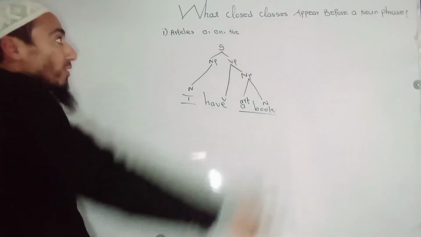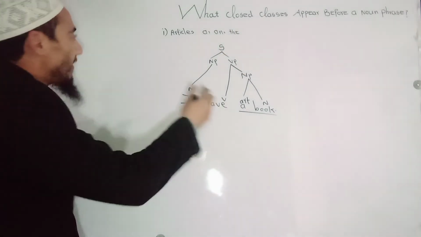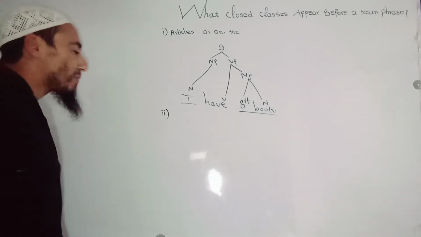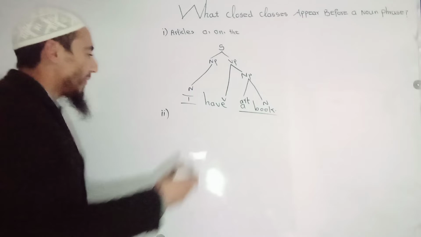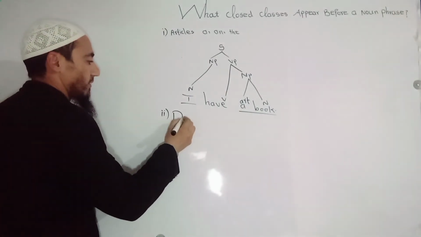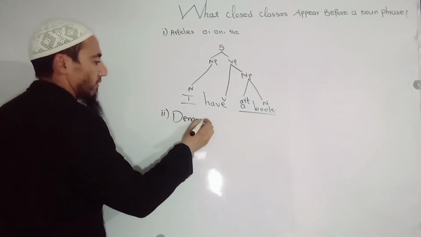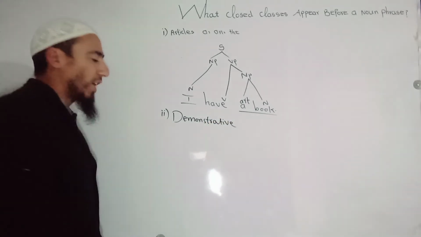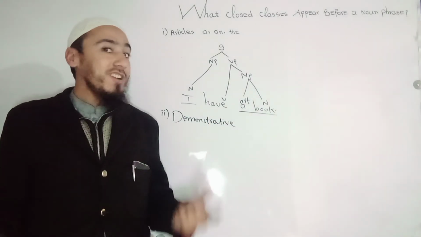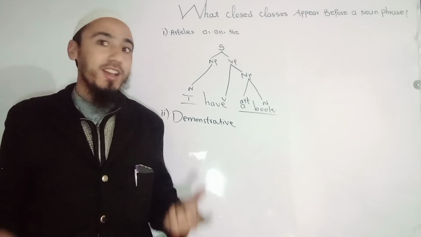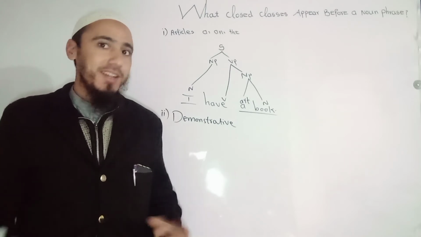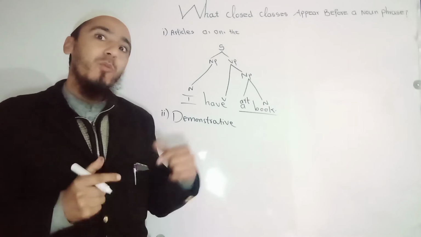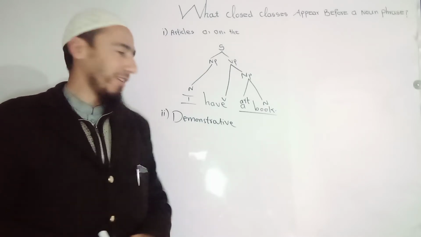Okay. Now, what closed class appears before a noun phrase? Another closed class that appears before a noun phrase is demonstratives. Listeners and audience, in traditional grammars, you know about demonstrative adjectives. Demonstrative adjectives are those adjectives which point out someone or something.